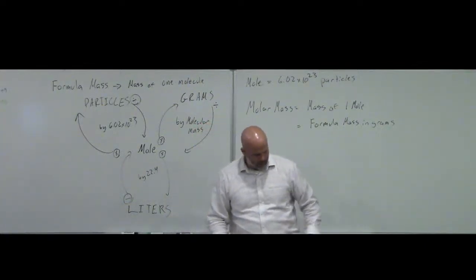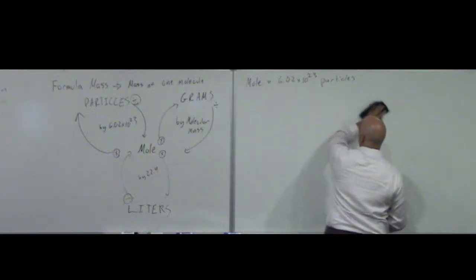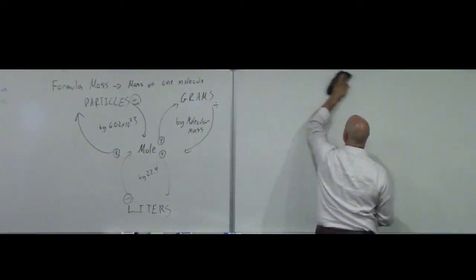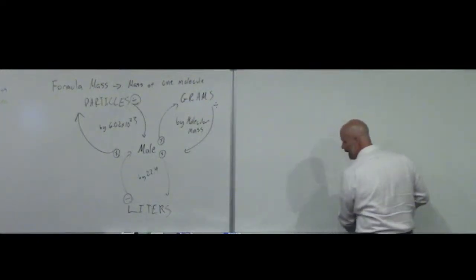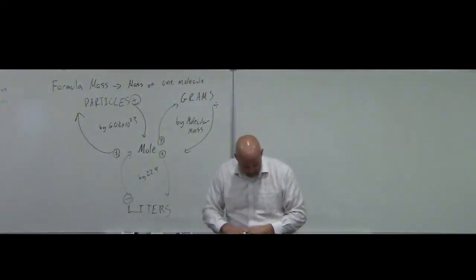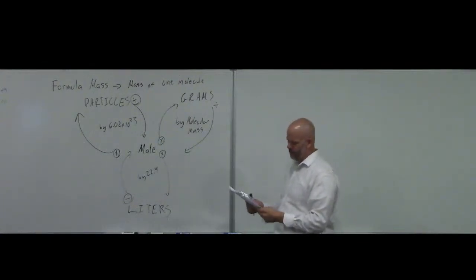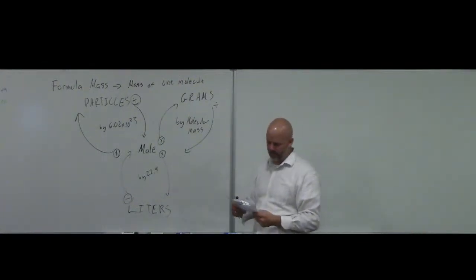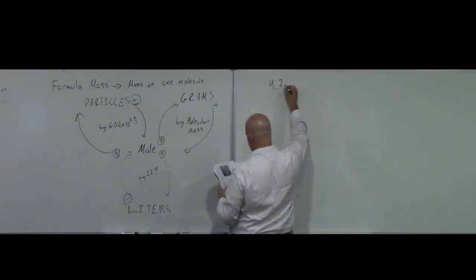Okay. It's a problem straight out of your book. We'll just work it here, and then later on, if you wonder, hey, how do I do this? You can either check this, or you can check your notes, you can check the book. So, it says, according to nutritional guidelines from the U.S. Department of Agriculture, the estimated average requirement for dietary potassium is 4.7 grams.